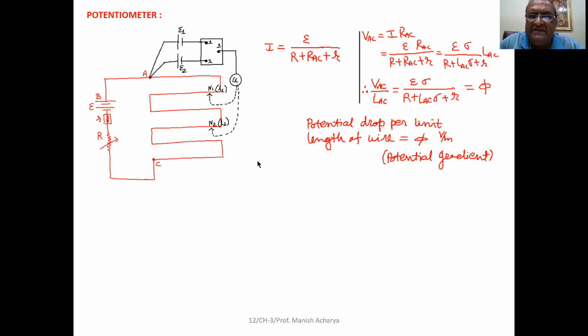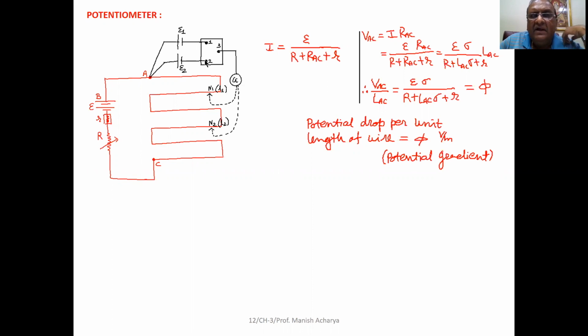Now, suppose in this circuit, first we connect terminal number 1 and terminal number 3. So here the cell with EMF E1 is now connected in the circuit, and the cell with EMF E2 is at present disconnected.